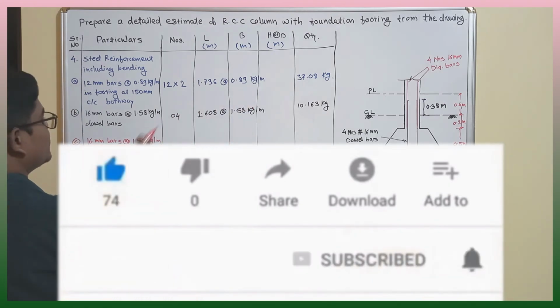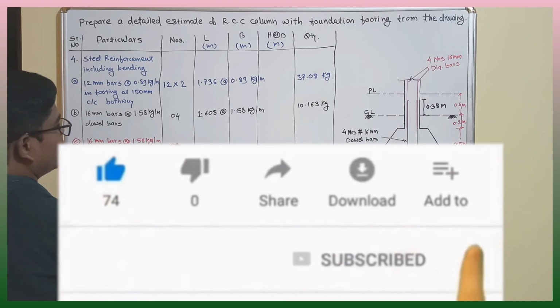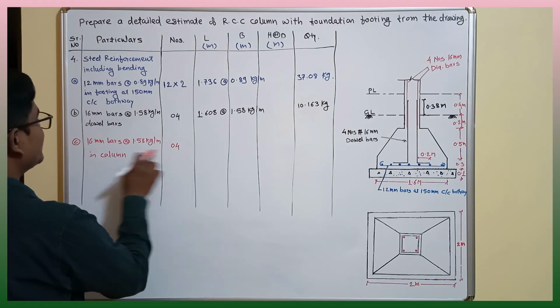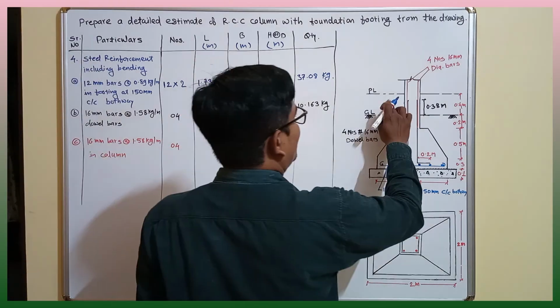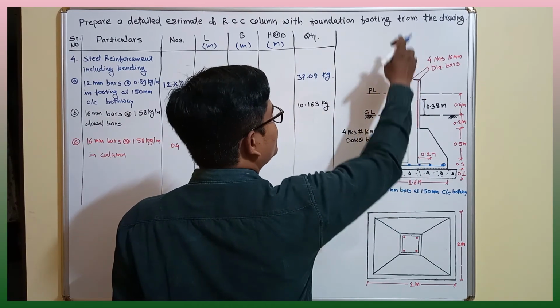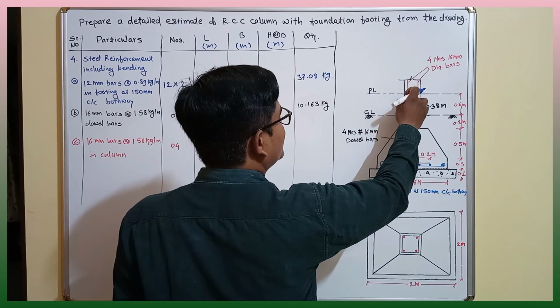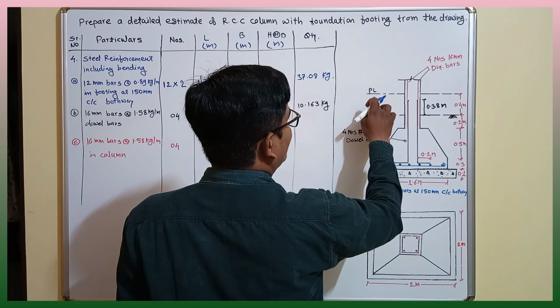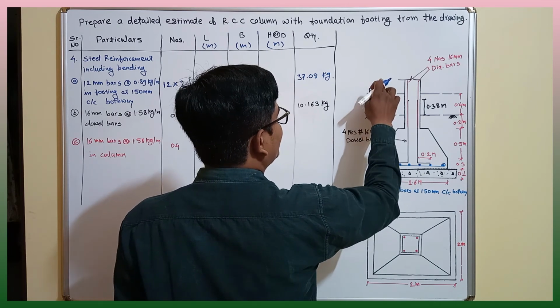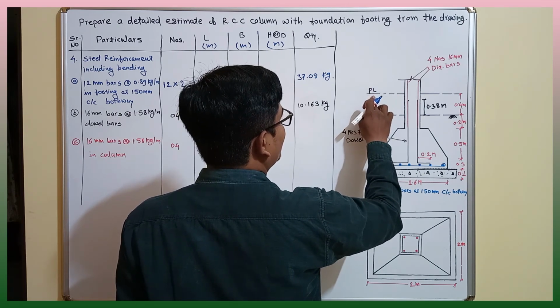So what is the numbers of this bars? There are 4 numbers of bar, so I will write here 4 numbers. In length, I will assume the floor to slab distance of this column is 3 meter and the floor level at 0.6 meter from the plinth level.